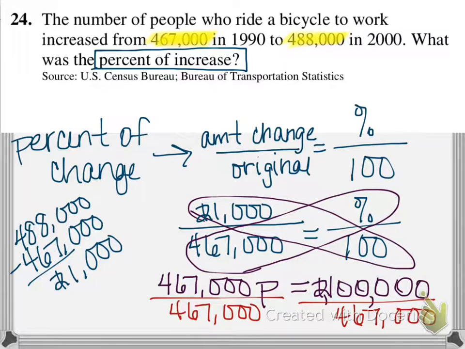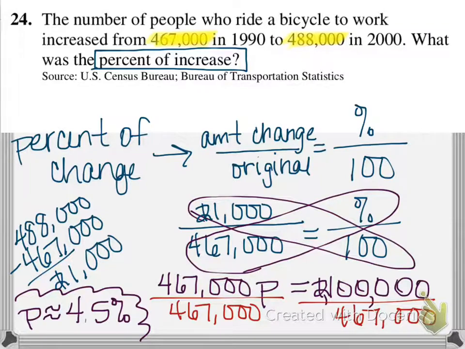So when I do that final division, I get my percent is approximately, because I do have to round, looks like 4.5%, and that's my final answer. And that is a percent of increase.